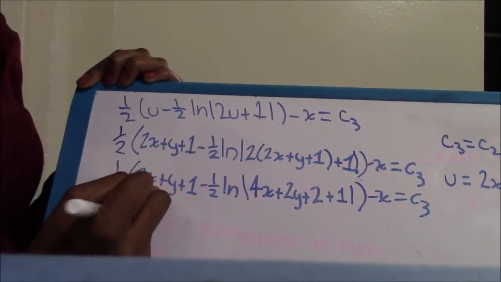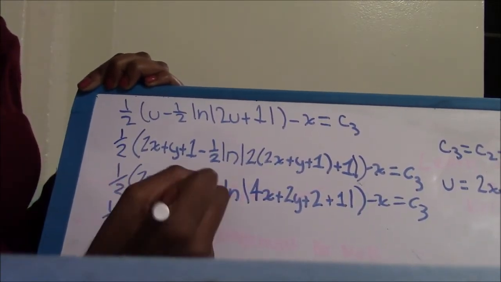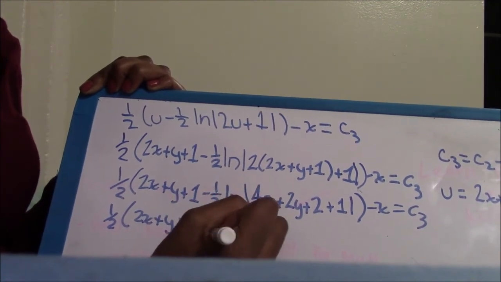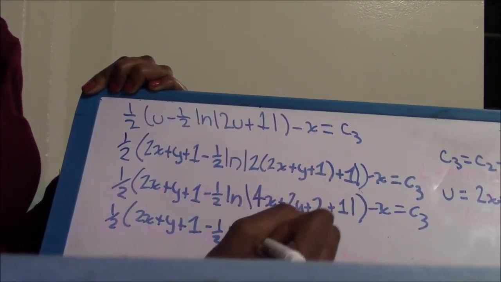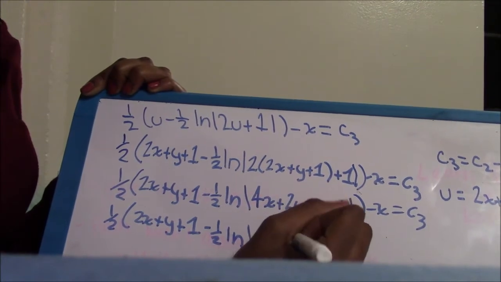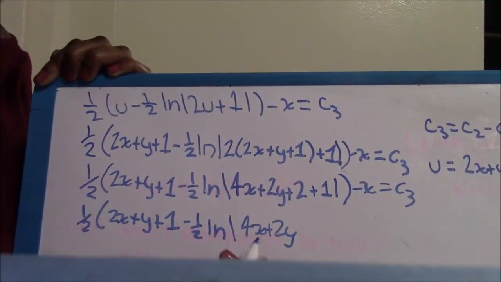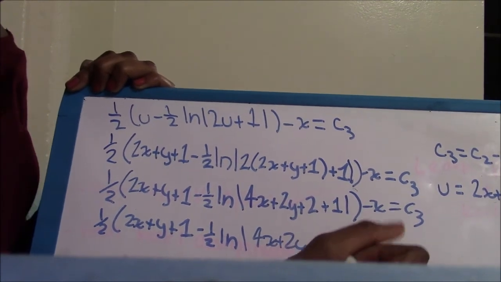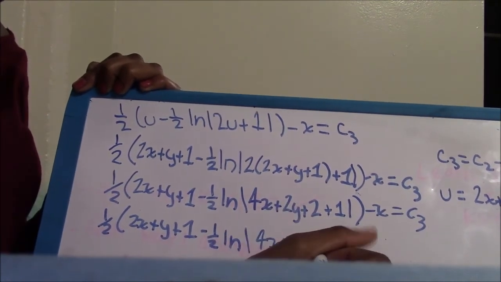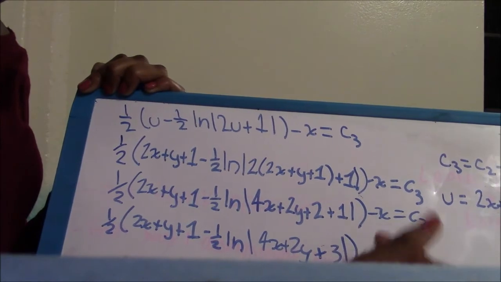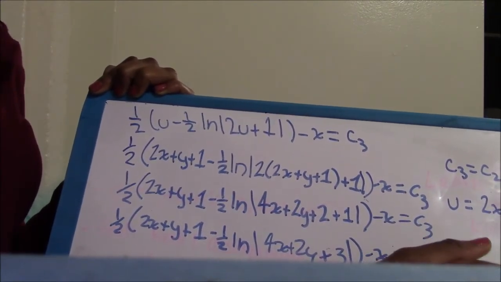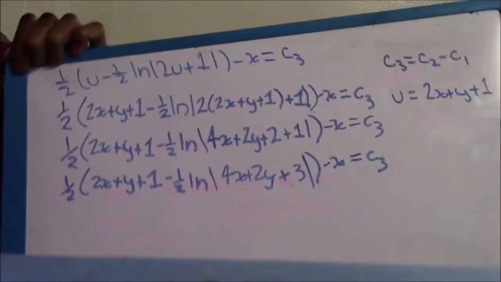We're going to have 1/2 times the quantity of 2x plus y plus 1 minus 1/2 ln of 4x plus 2y. And the 2 plus 1 over here is just going to be 3. So it's going to be plus 3. Remember your absolute value sign.